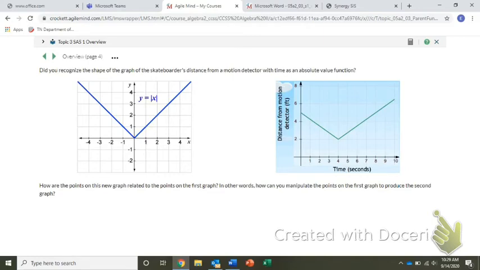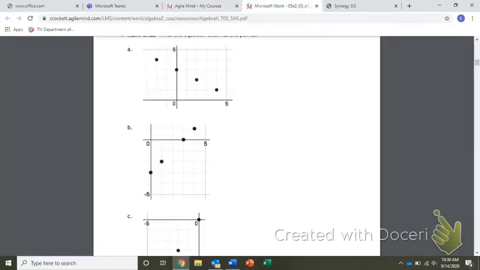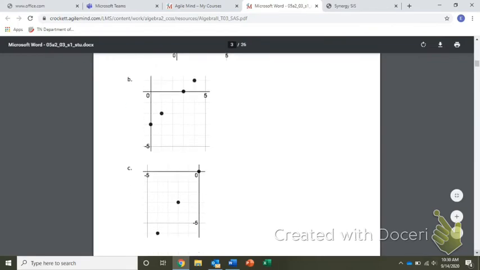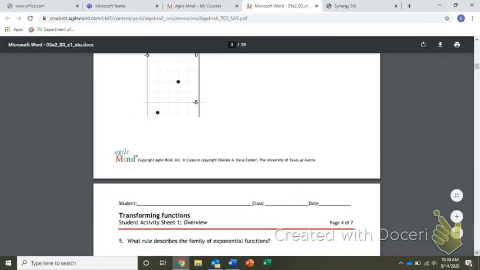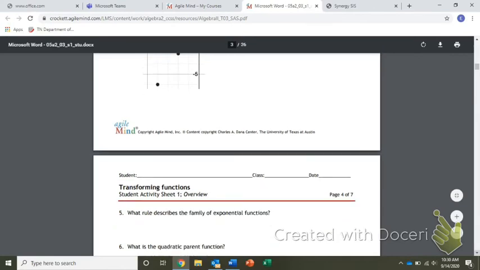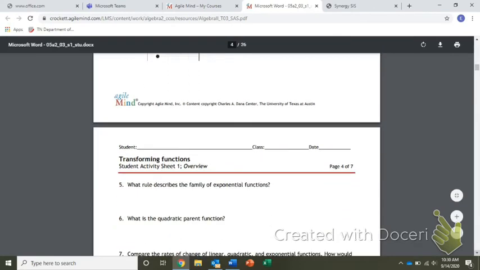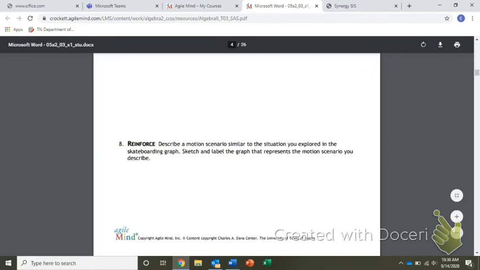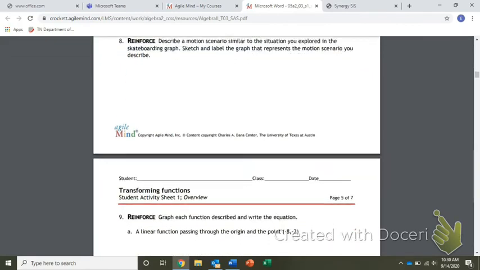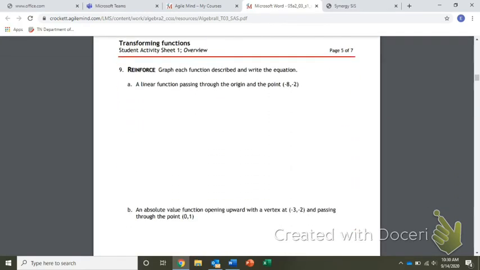Now, I want to talk about 9A and 10. Okay. Number 9 says, a linear function passing through the origin, which is 0, 0, and the point -8, -2. And the directions tell us to graph each function described and write the equation.